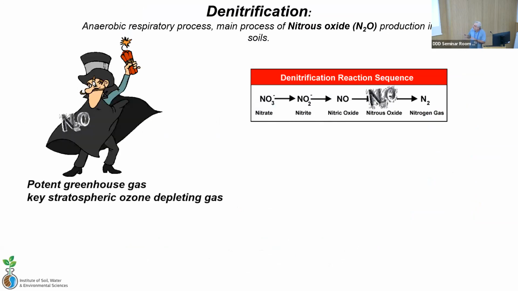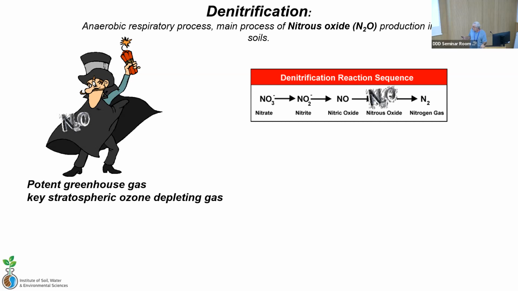It's the villain in the environment because it's an extremely potent greenhouse gas. It's even calculated to be 300 times worse than CO2 as a greenhouse gas per molecule, per 100 years. Everybody ignores it more or less because there's a lot less of it in the atmosphere, but if you do the calculation, it's a big issue.